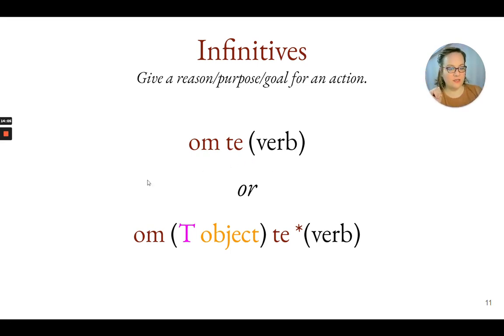So om te and verb, and then you have your object, te and verb, and then you can add the time there. I think when you are doing an infinitive sentence, it gets quite long, or a stompie with an infinitive, so you might not always have your time word in there because it's already part of the sentence. So just beware, you can add it there, but it's not needed.